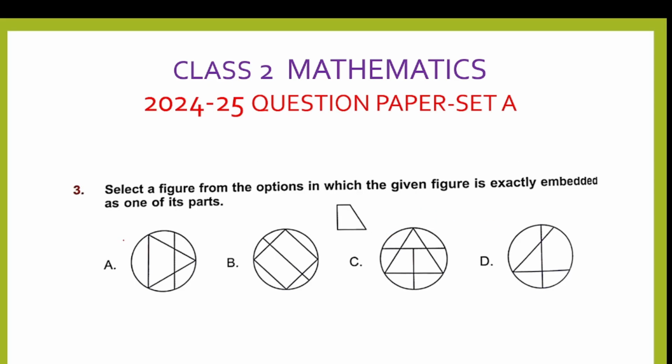Next question. Select a figure from the options in which the given figure is exactly embedded as one of its parts. So we have given one part of the figure and we have to find out the exact figure so that this part will be exactly embedded in the given figure.